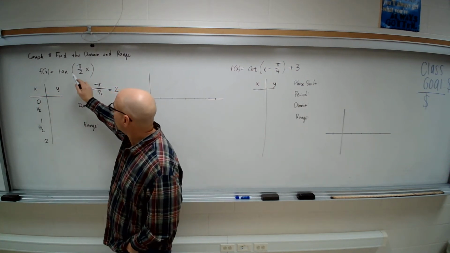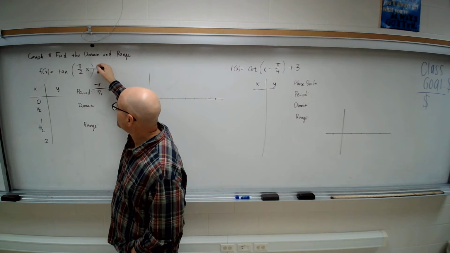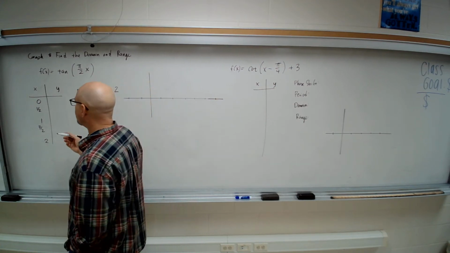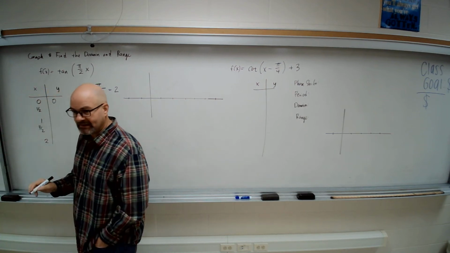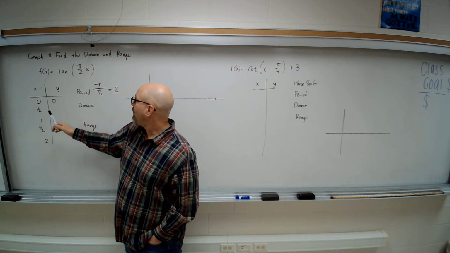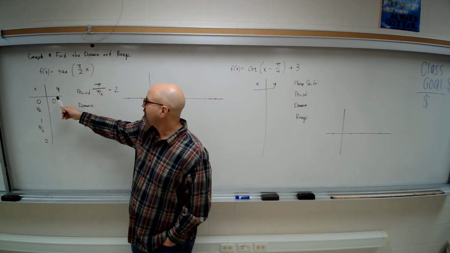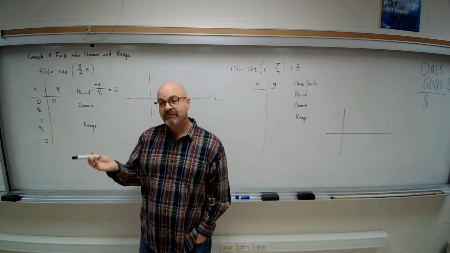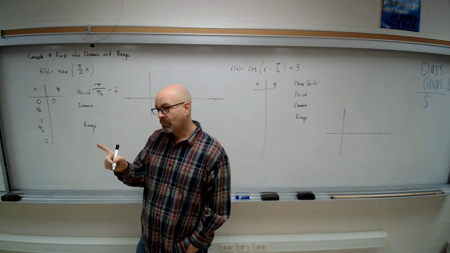So if we put 0 in here, pi over 2 times 0 is just 0. The tangent of 0 is 0. Good, that worked the way we hoped it did. That one always kind of works the way we hope it does. Now let's put 1/2 in here. Pi over 2 times 1/2 is pi over 4. The tangent of pi over 4 is 1.